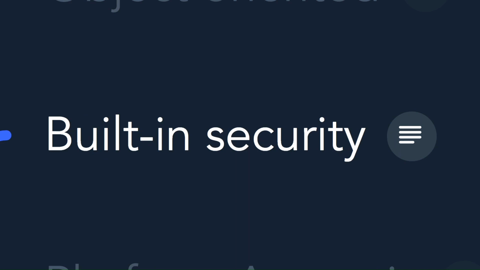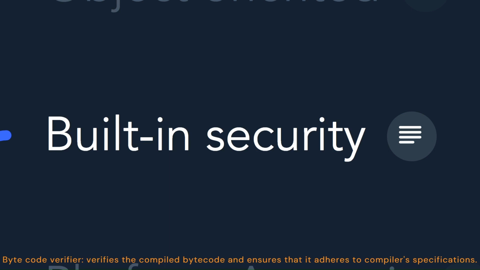One next core feature is built-in security. There are several layers of security within the JVM, JDK, and JRE. One of them is the bytecode verifier. We just write the code, compile it and then run it.